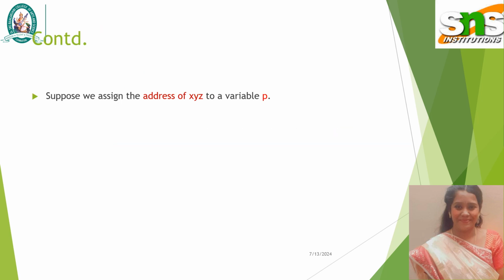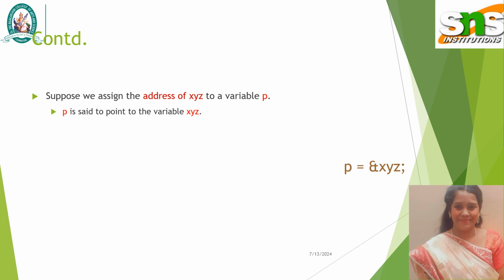Now look at this example. The address of xyz is assigned to some variable called p. In the previous example, xyz is holding the value 50. Now the address of that will be stored in another variable called p, like p equal to ampersand xyz.